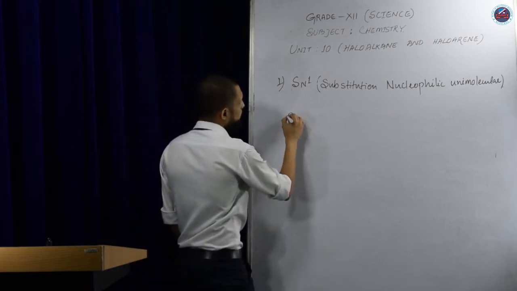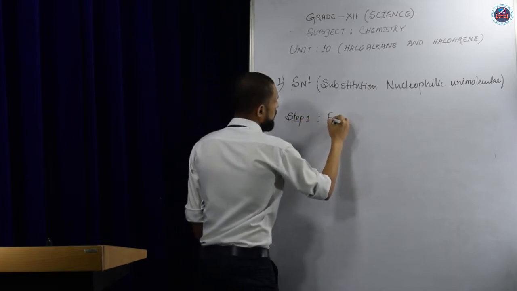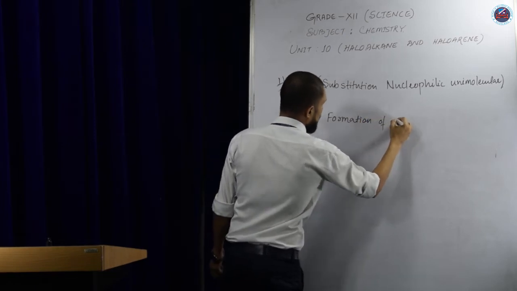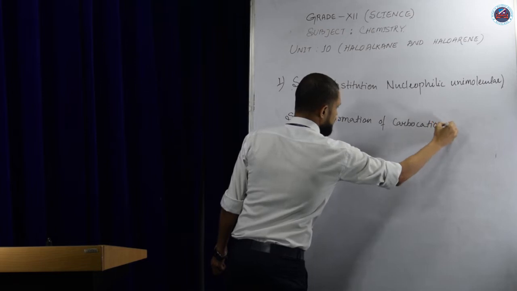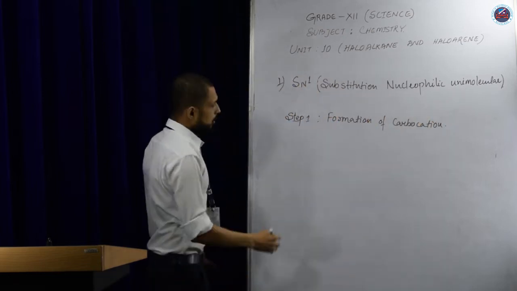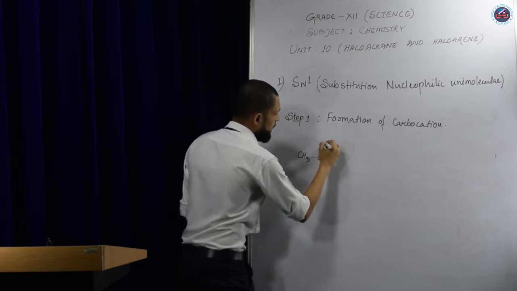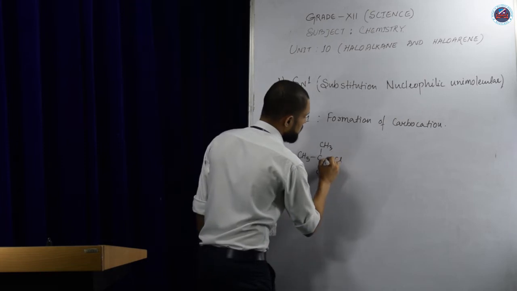Step 1 is formation of carbocation. For Sn1, we'll consider 3 degree haloalkane. So this is a 3 degree haloalkane.